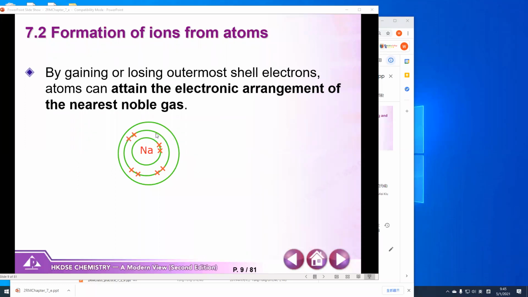Okay, you should remember this, very easy. Sodium atom.